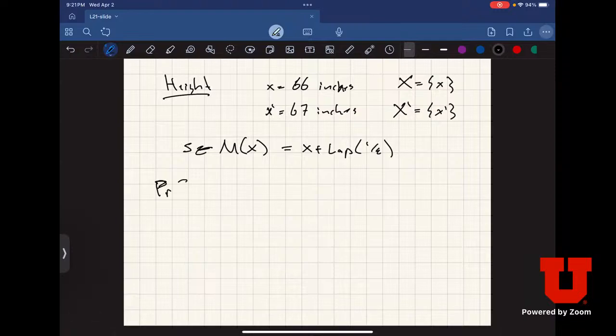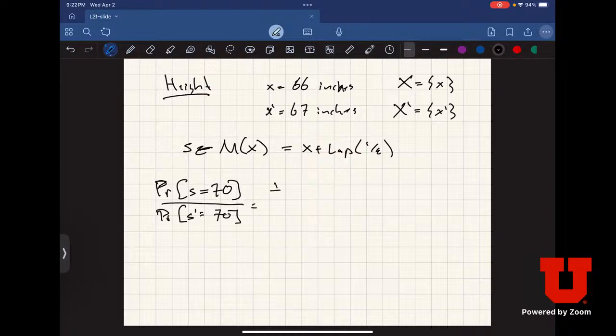Okay, so now we want to look at the probability that S released is equal to 70 inches. So instead of 5 feet 6 inches, this would be 5 feet 10 inches if it was 70. So what's the probability, divided by the probability that S prime equals 70 inches? Okay, let's do the calculation.